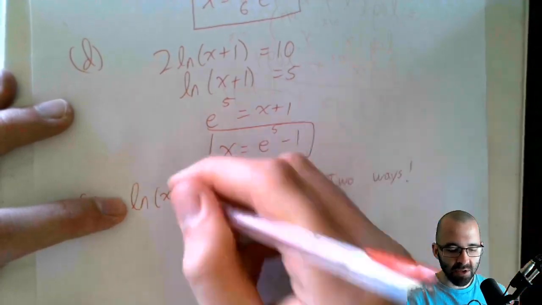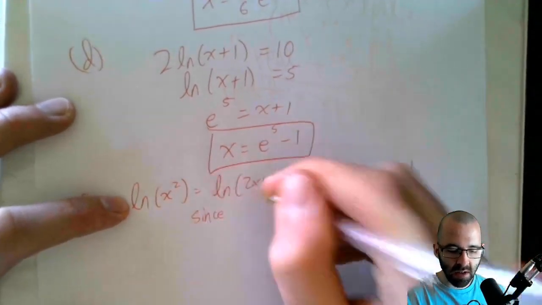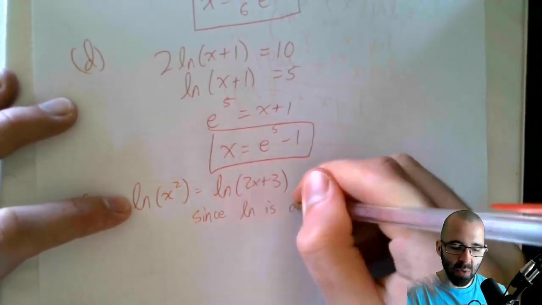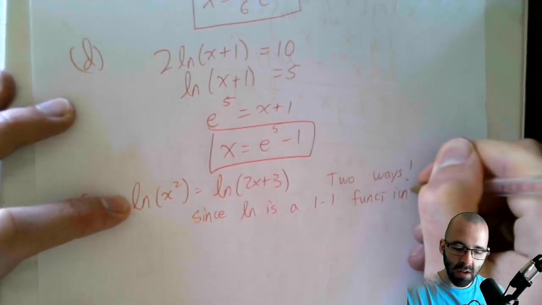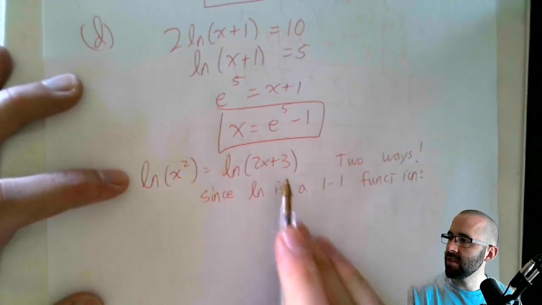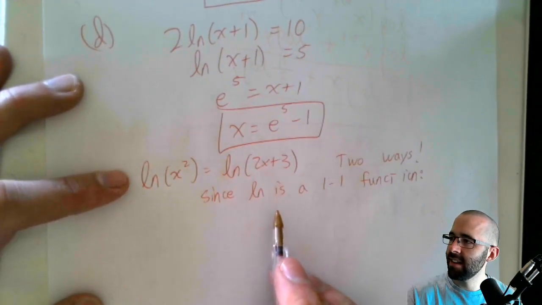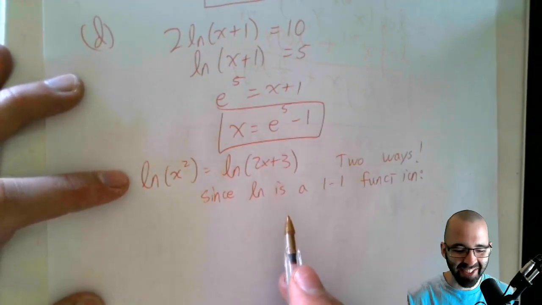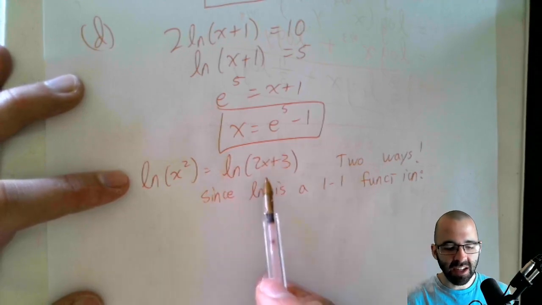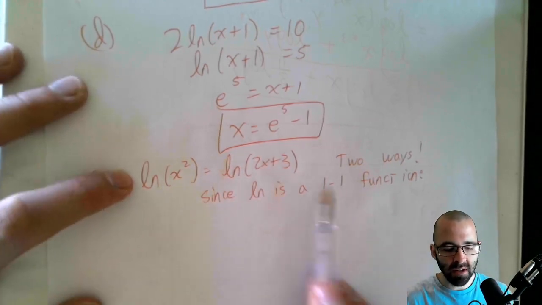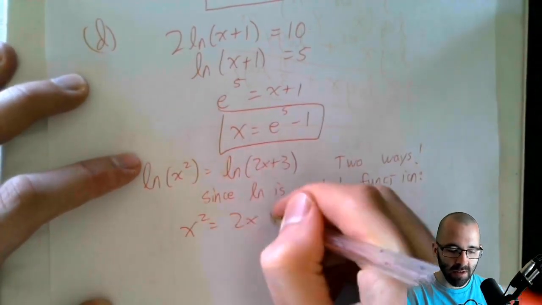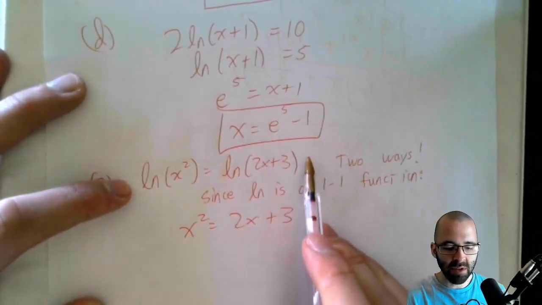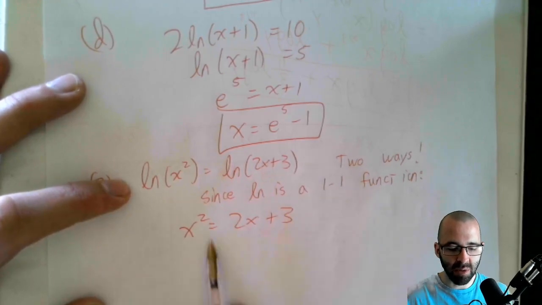Also, since natural log is a one-to-one function, if two natural logs are equal to each other, because they're one-to-one, their insides have to be equal. So we can just jump straight to this. If two natural logs are equal to each other, their insides must be equal.